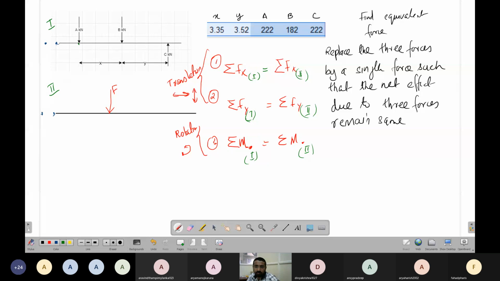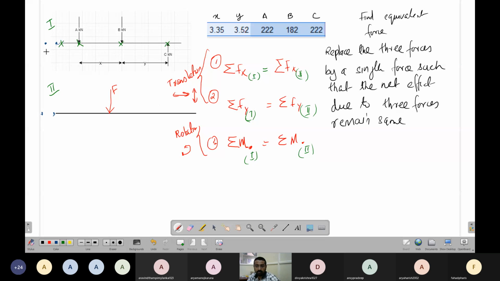For one point I know the force and distance, and also the distances of all the forces from this point. So any of these three points I can pick.